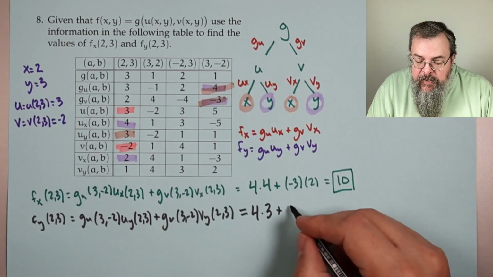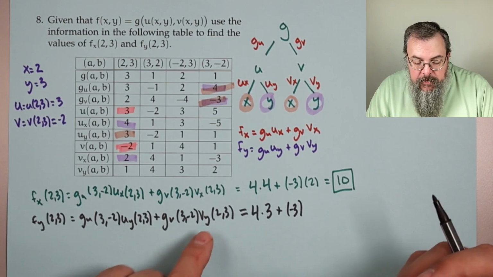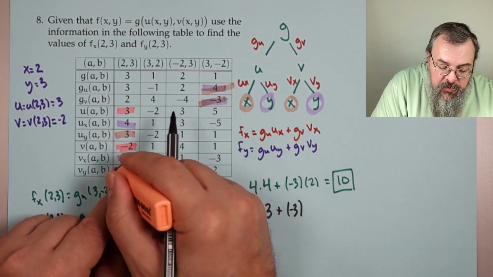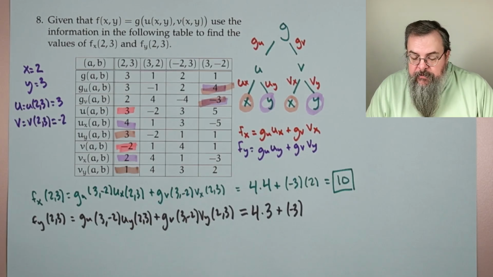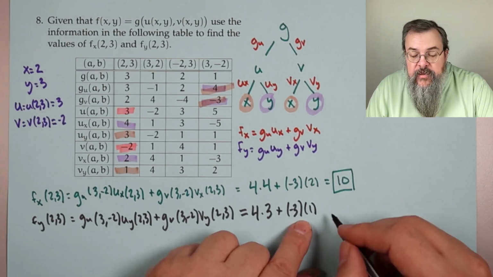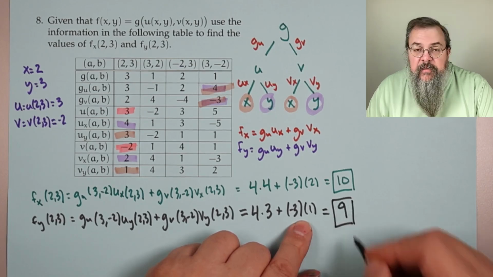That's still -3. And then we have our v sub y at (2, 3), which is over here, which is 1. So we get 12 minus 3, which is 9.